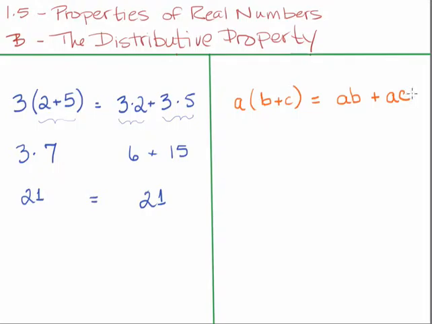When I teach this class face-to-face, I tend to use this notation. Let me emphasize that this is times here, and then to get from this step to the other way to write this, I would say this is like saying 3 times 2 plus 3 times 5. This is like saying A times B plus A times C.